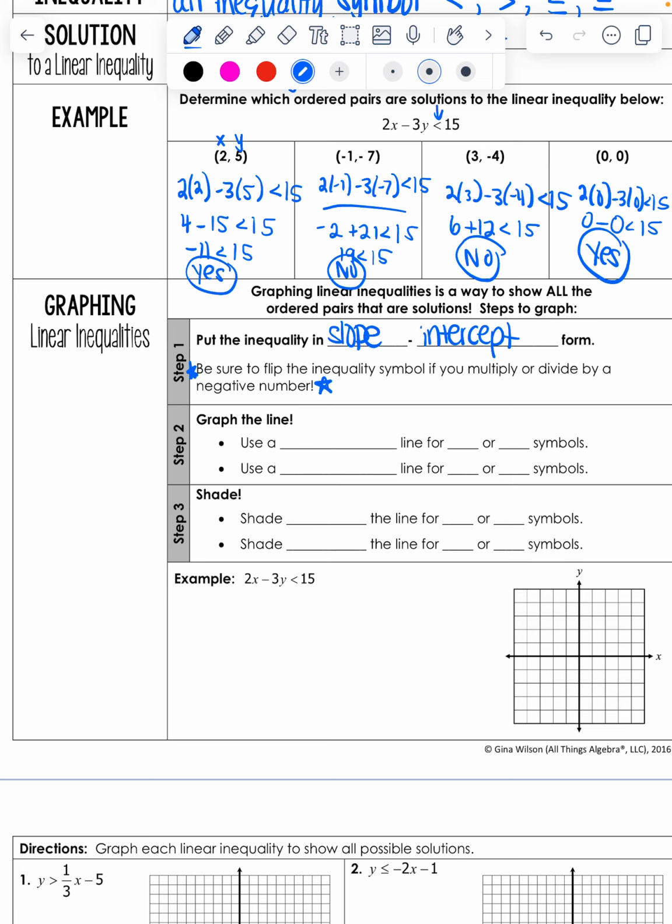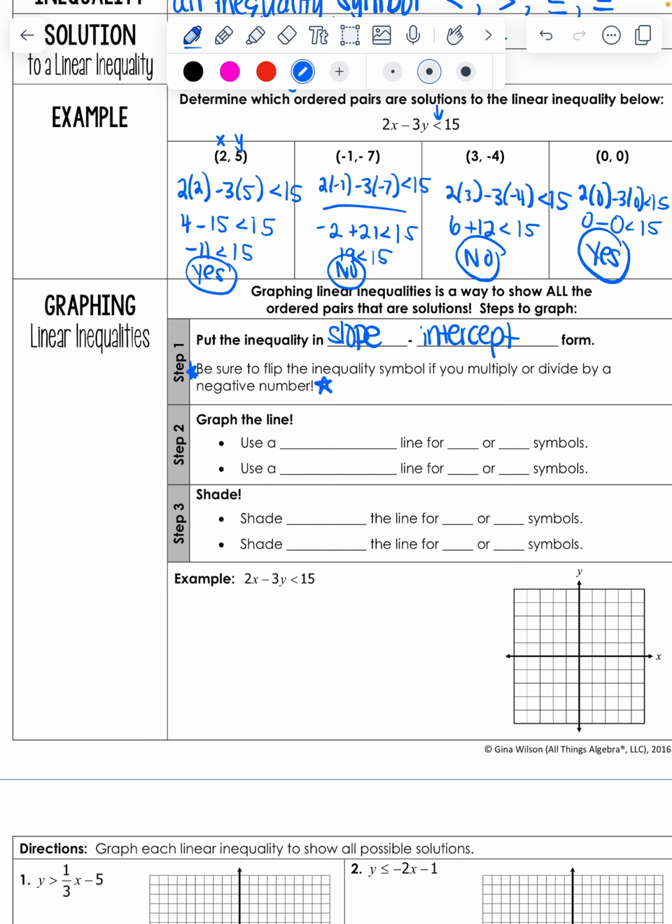If you divide by -3 on both sides, you flip the sign. If you multiply both sides by -2, you flip the sign. If your answer ends up being negative, that does not mean you flip the sign. It's only if you're dividing or multiplying by a negative that the sign is going to flip direction.